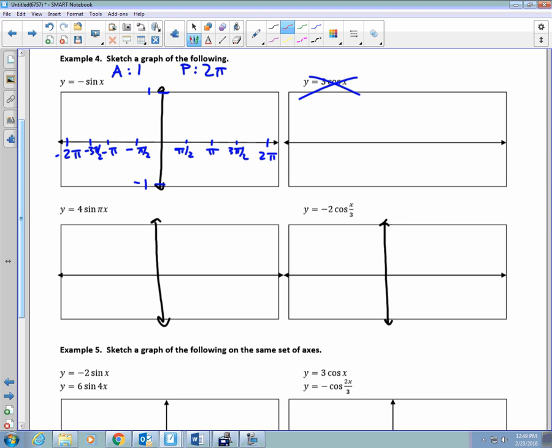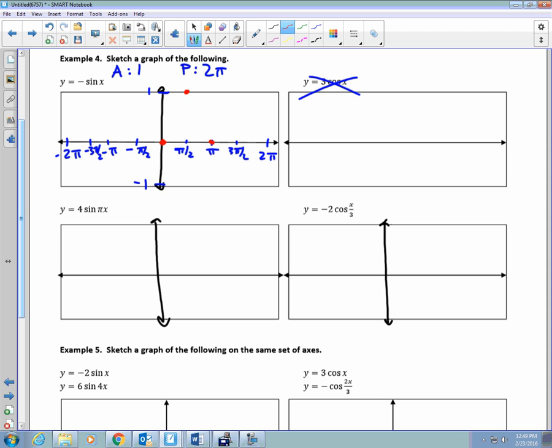Then the best way to go about this is to identify where it starts. If it's sine, does it start in the middle, top, or bottom? Middle. And where's it going to go? Is it going to start by going up, or is it going to start by going down? Up. And after it gets up to 1, what's it going to do? It'll come back down.